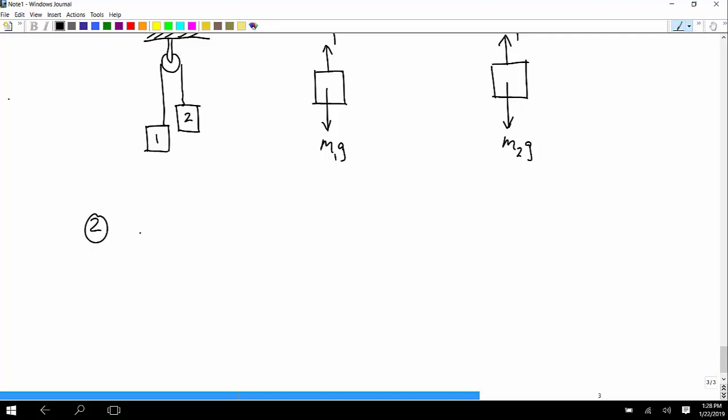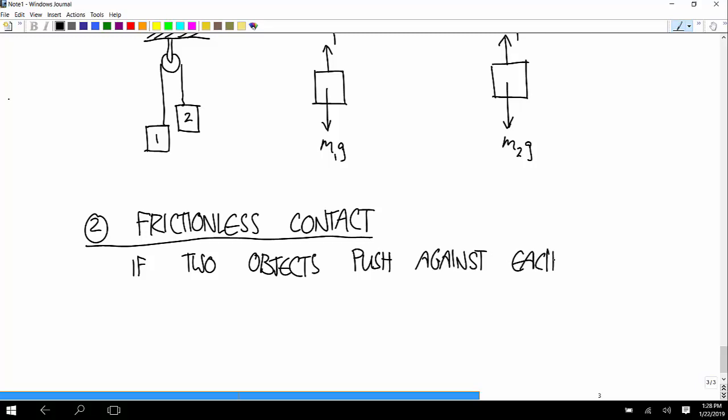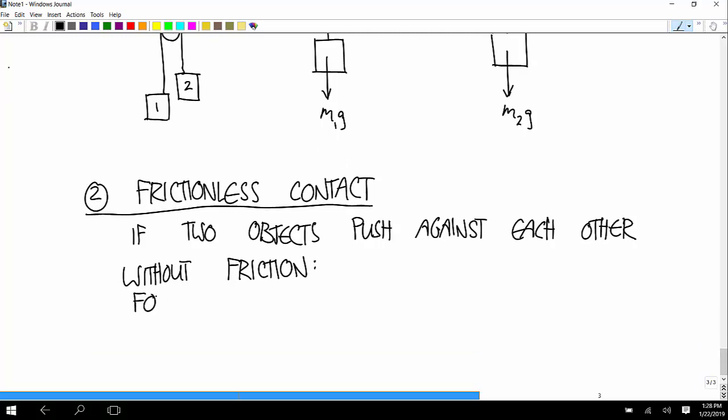Okay, next is frictionless contact. So if two objects push against each other without friction, then the force is perpendicular to the surface of contact, not parallel.